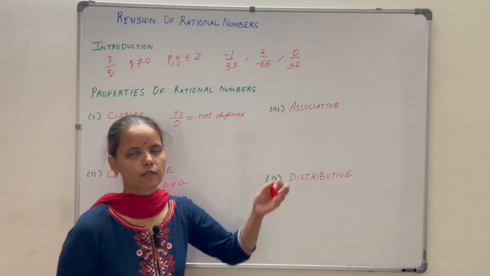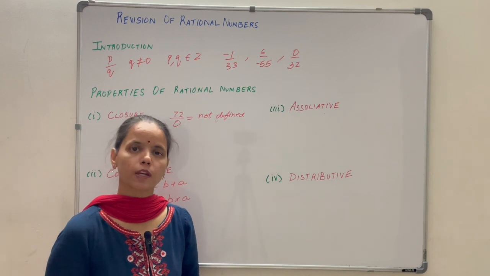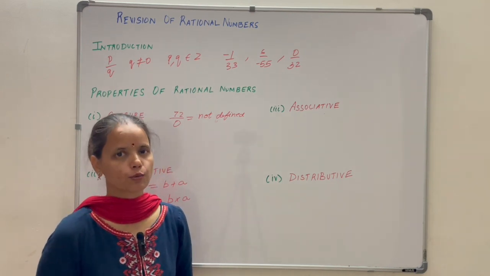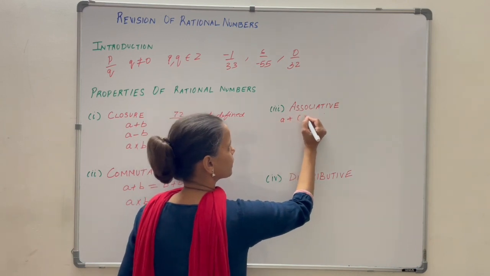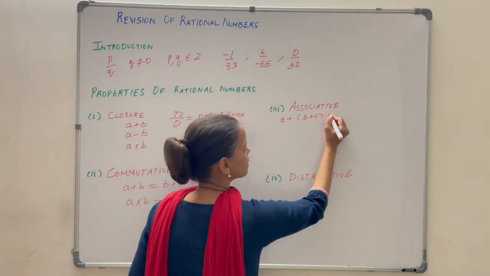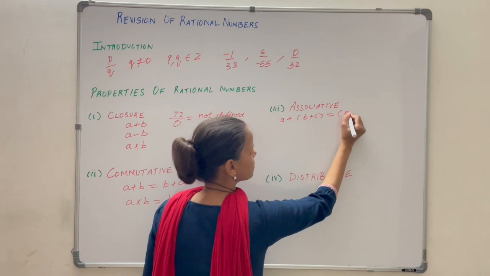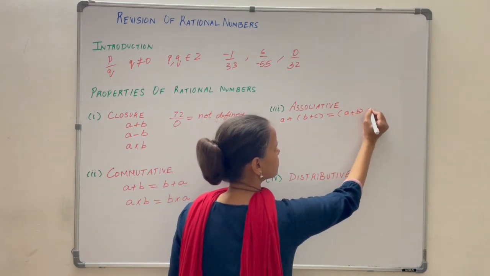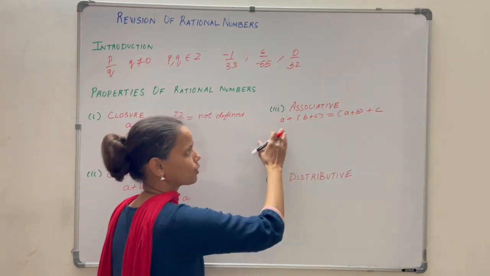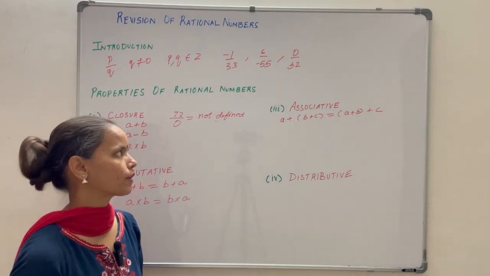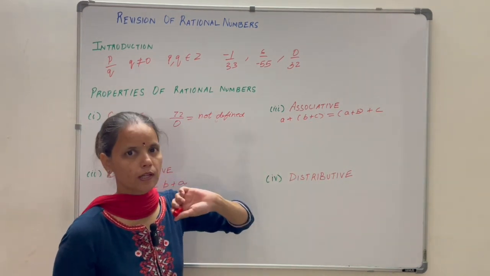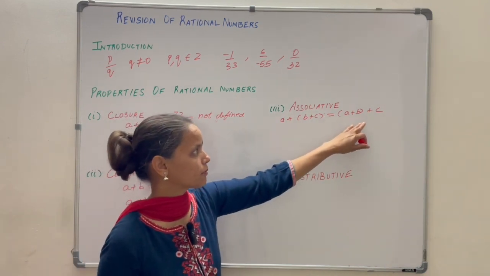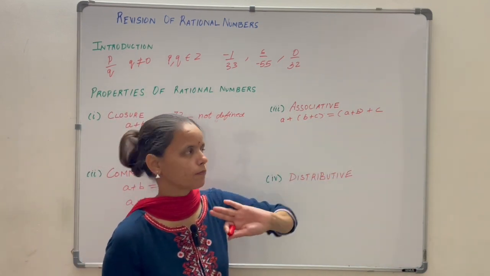Now, associative property of rational numbers. If a, b and c are three rational numbers, then a plus (b plus c) is equal to (a plus b) plus c. This is associative property of addition for rational numbers. You can add b plus c and add the result to a, or you can add a plus b and add the result to c.